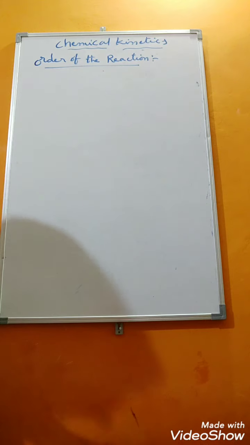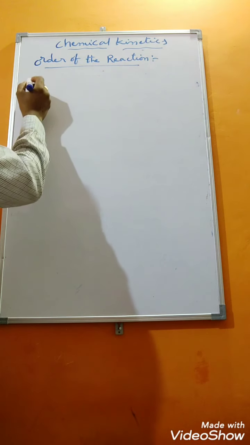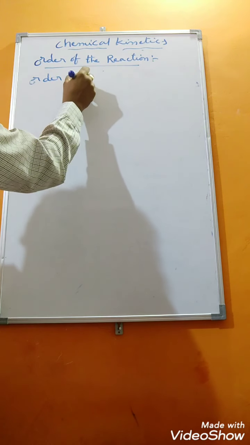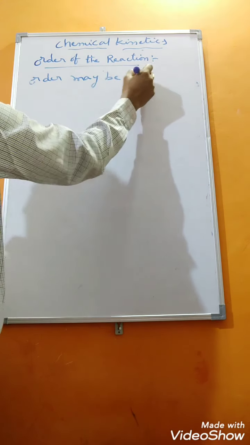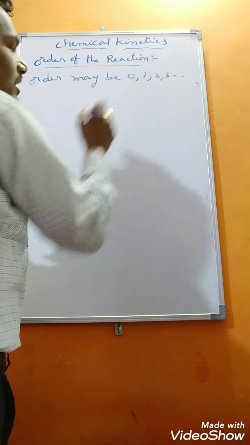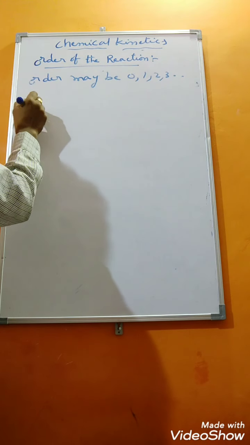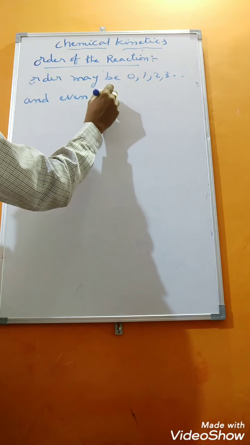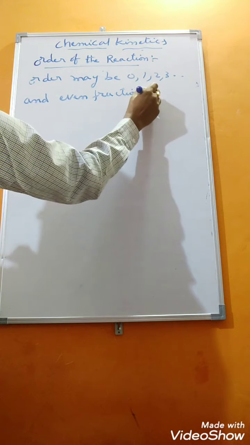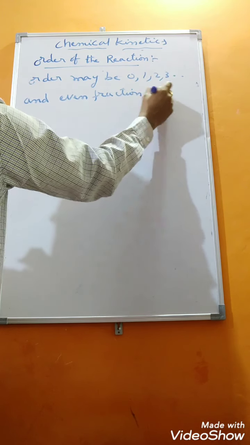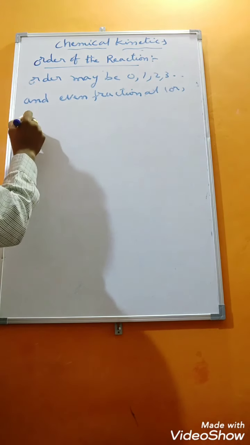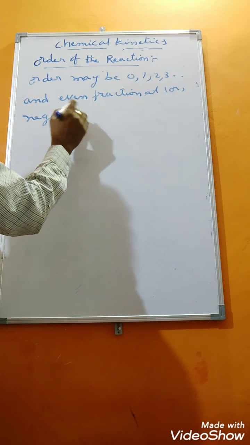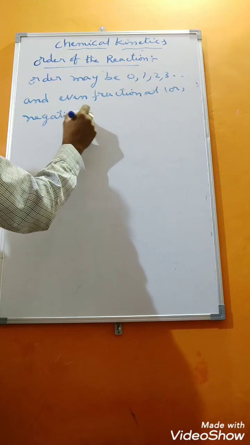So the order of reaction may be 0, 1, 2, 3 and so on, and even fractional or negative with respect to a particular reactant.